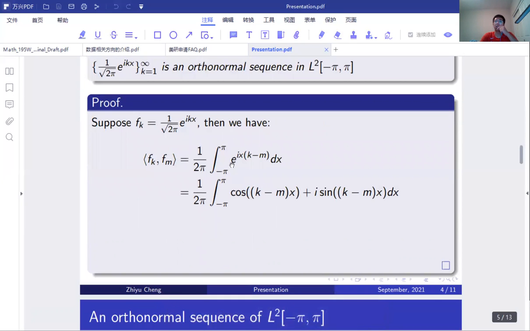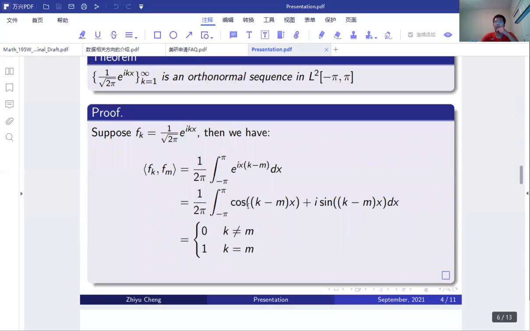We change this to the trigonometric form. Now, if k is not equal to m, then this is x times an integer, and from minus pi to pi we have several periods of the trigonometric function. So the integral equals 0.